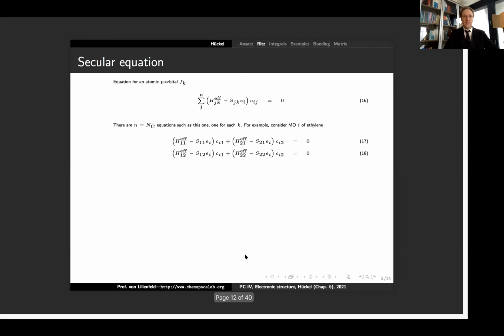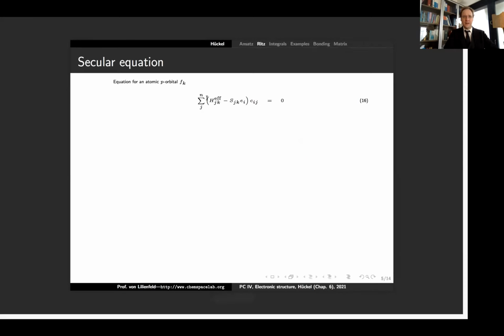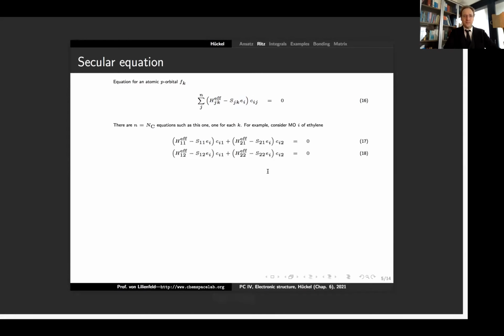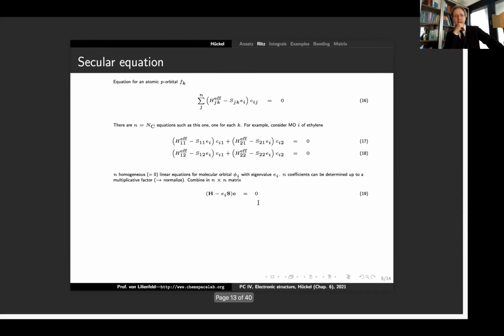And so you see this would be any row going over I, right? The small I here. And you do this to establish a system of equations, and here you see the example of ethylene.